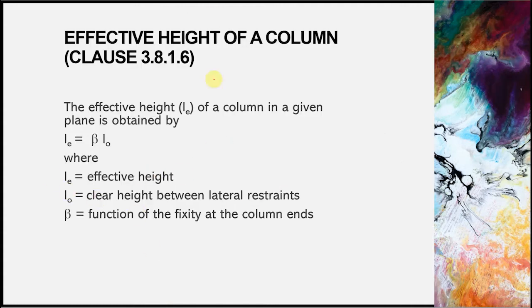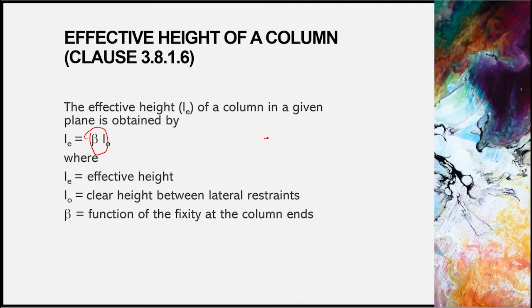Okay, this one baru I cerita pasal effective length okay, the formula we have LE equals B darab dengan LO. This is the one yang I told you. B ni adalah factor tadilah, function of fixity at the column ends, maksudnya you kena darabkan dengan nombor based on fixity at the end of the column.